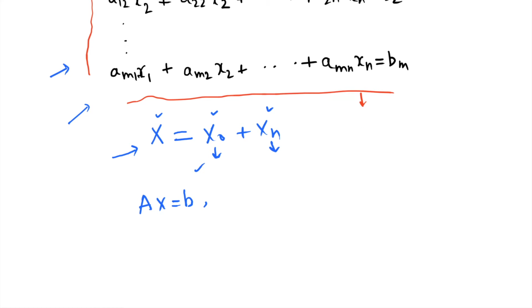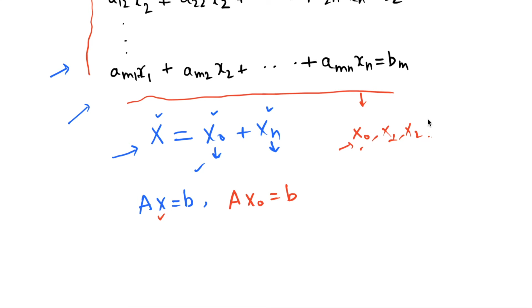So let's say this non-homogeneous linear system had solutions like x naught, x1, x2, till whatever, and we choose any one of them. So let's choose x naught. Then A x naught is also equal to b, and here x can be any one of them.